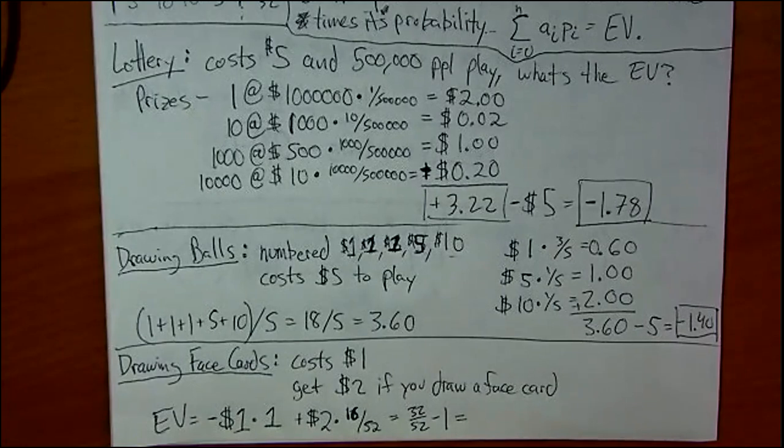Here, let me Google that real quick. Negative 34 cents. Oh, sorry, negative 20 out of 52. Yeah, you're right. Negative 20 out of 52.